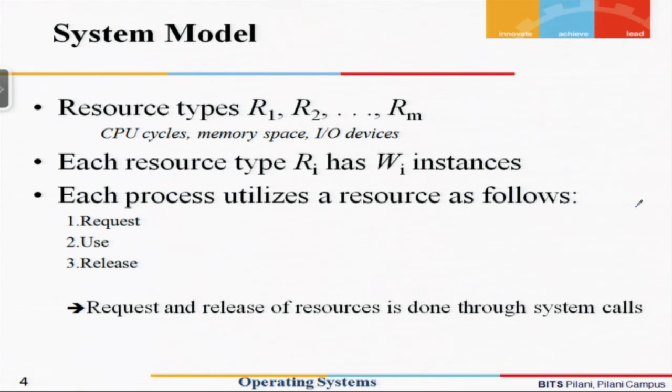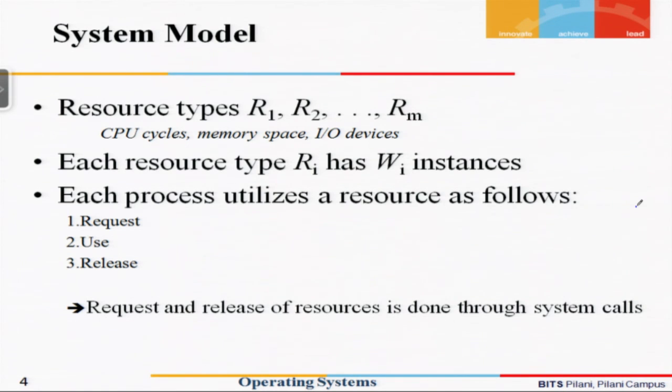as a consequence, we can very clearly see that when such a thing is happening, it is the responsibility of the system to keep track of the resources, the number of resources and their utilization. So, that is the responsibility of the operating system.